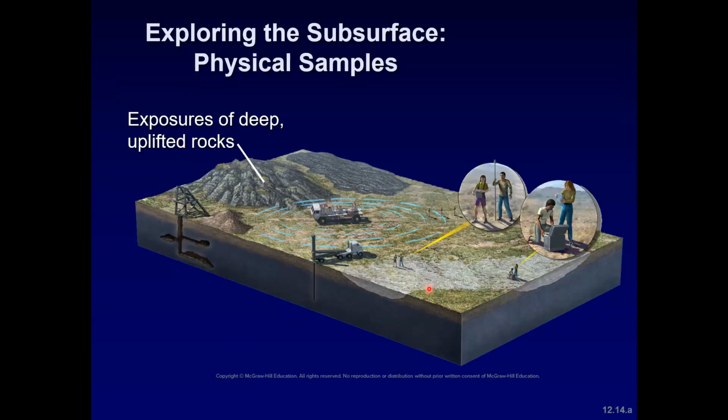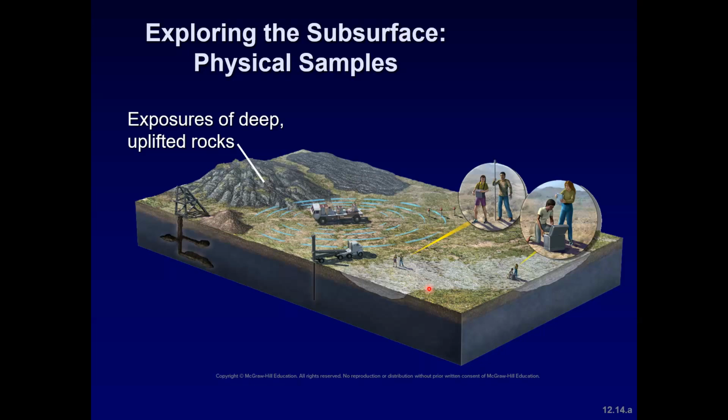Okay. You can also, as a geologist, look at the subsurface and collect physical samples. This isn't typically something that would be done right when an earthquake happens. It's part of a long-term study. We can look at this landscape and think about how we could obtain these samples.